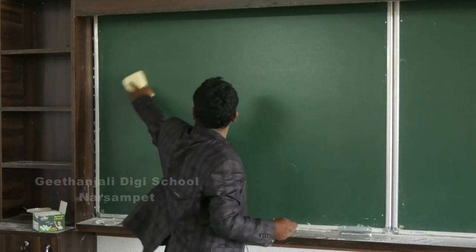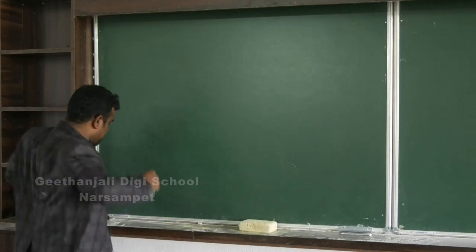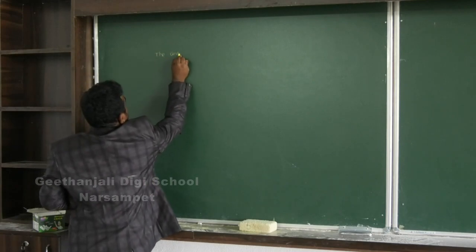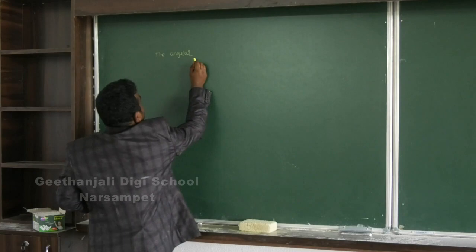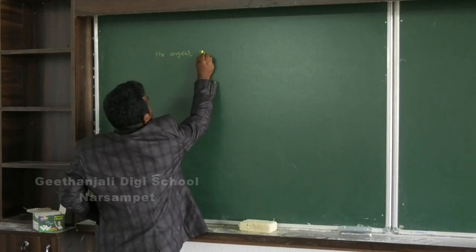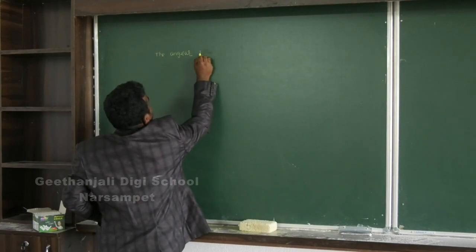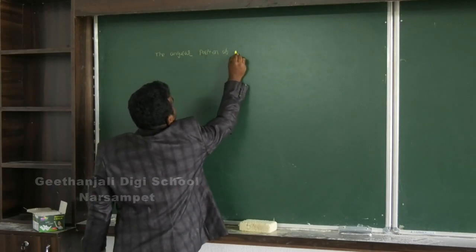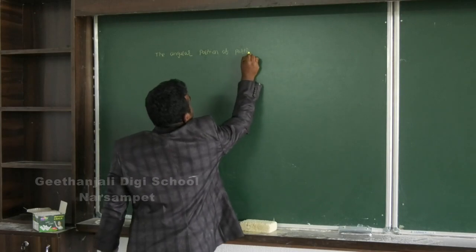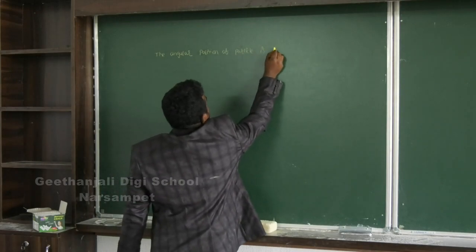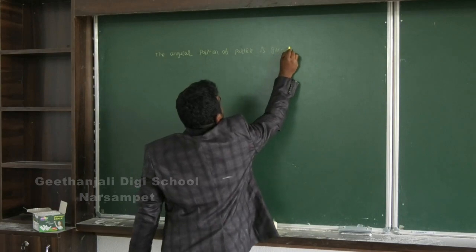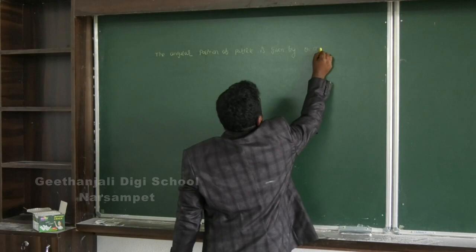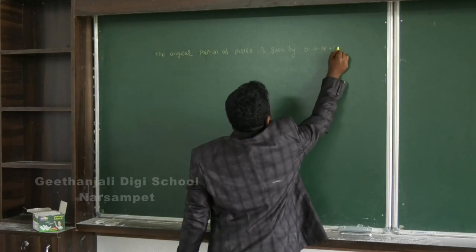Next problem. The angular position of a particle is given by theta is equal to a minus bt plus ct square.